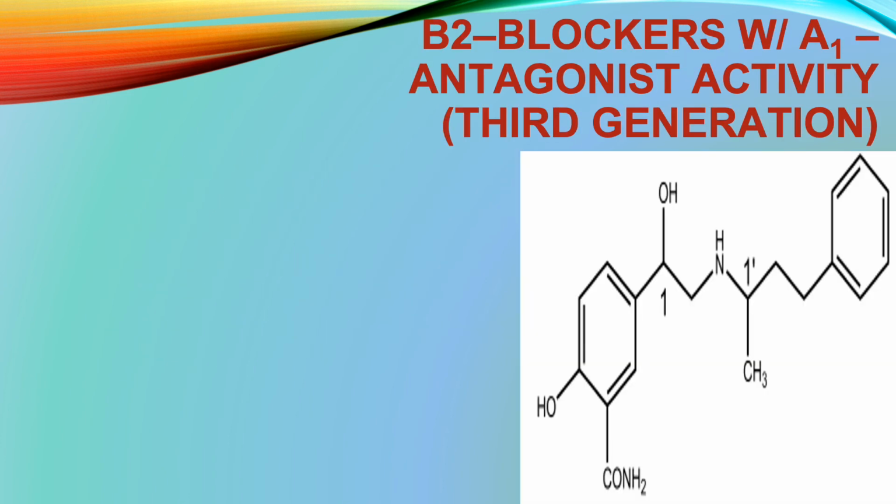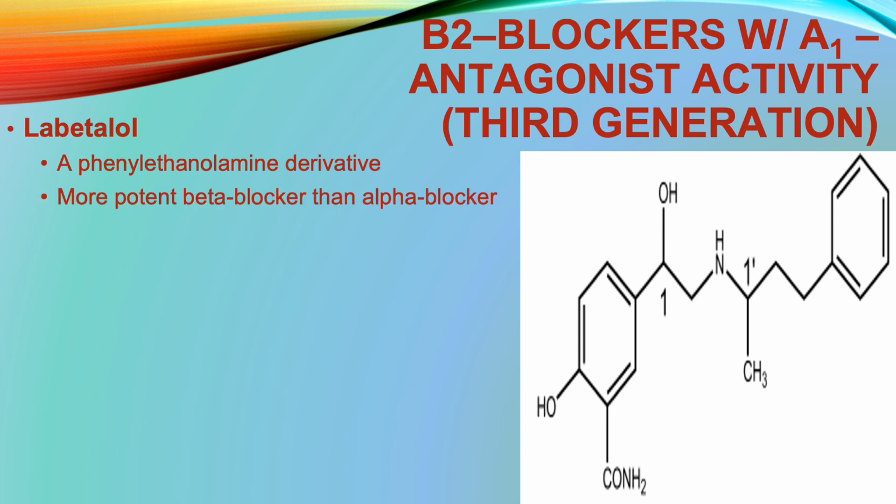Now moving forward to our beta blockers with alpha 1 antagonist activity, the third generation. So we have labetalol, which is a derivative of phenylethanolamine. That is why it has an alpha 1 antagonistic activity. It's a more potent beta blocker, but it has alpha blocker activity as well.